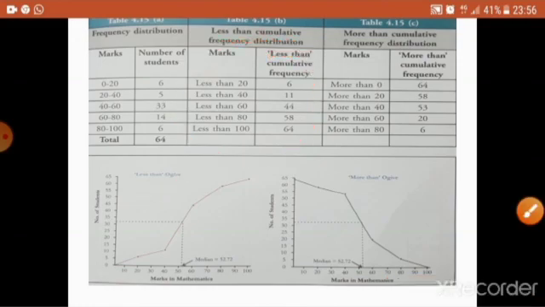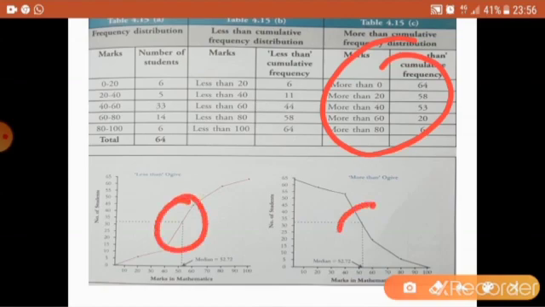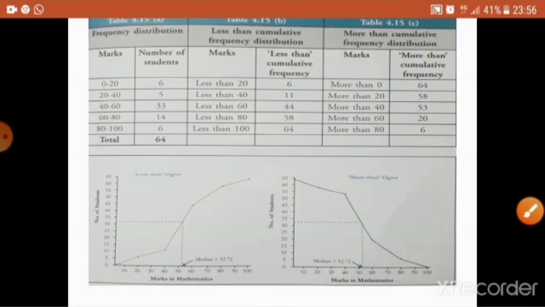Based on the less than frequency we plot one graph, and based on the more than frequency one more graph will be drawn. With both the less than cumulative frequency and the more than cumulative frequency, we are able to obtain the median. The point where they meet, on both the x-axis and y-axis, will be considered the median. The median can be obtained from the Ogive curve.